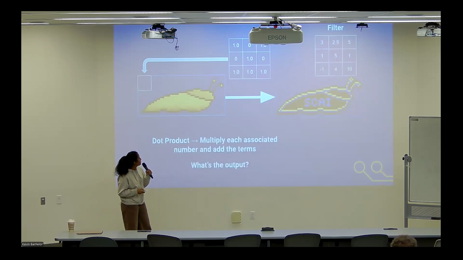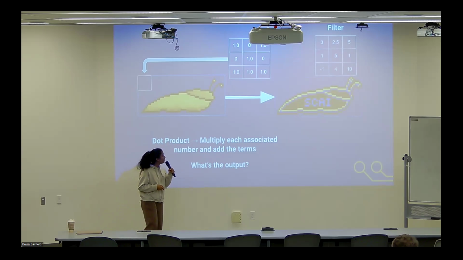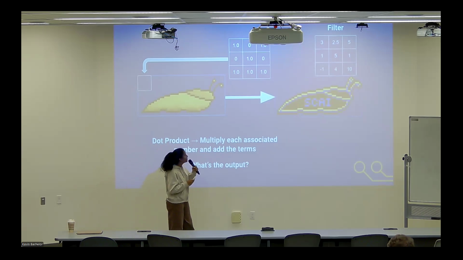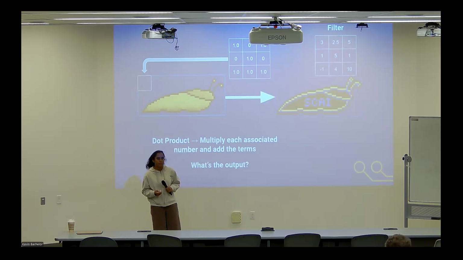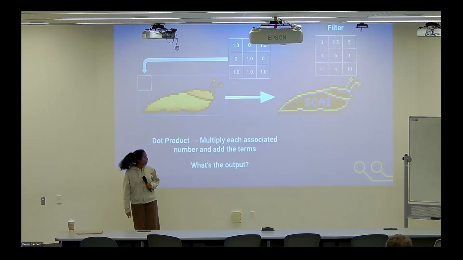All right. So I just gave a little example for you guys. I tried to pick easier numbers, but does anyone want to try calculating the dot product for this image? I'll give you guys like a minute to actually math it out.